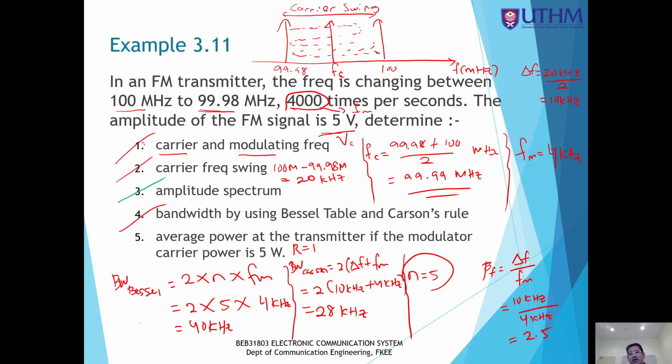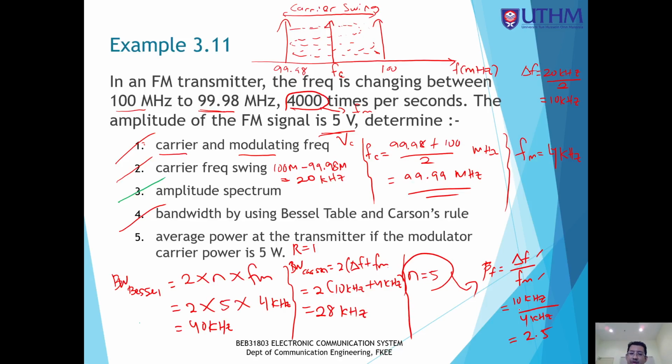So I get N equal to 5. N is the number of significant sidebands. How do we calculate N? N is based on the Bessel table. In order to find N, first you need to find beta. Beta F, the modulation index, is equal to delta F, the frequency deviation, divided by the modulating signal frequency.